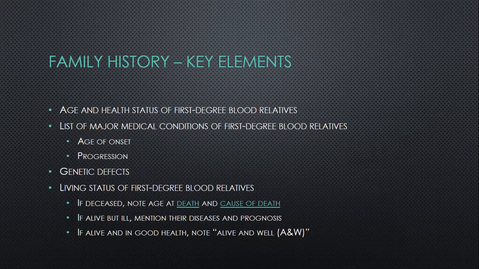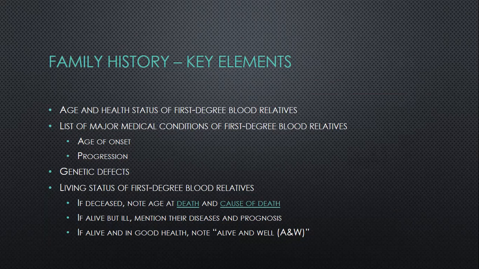Also, we have to take into account the genetic defects. For example, I don't know, cystic fibrosis. Does anybody know what cystic fibrosis is? Okay, homework for you guys. Some other genetic defects, for example, beta thalassemia, hemophilia, Huntington's disease, and some others, okay?